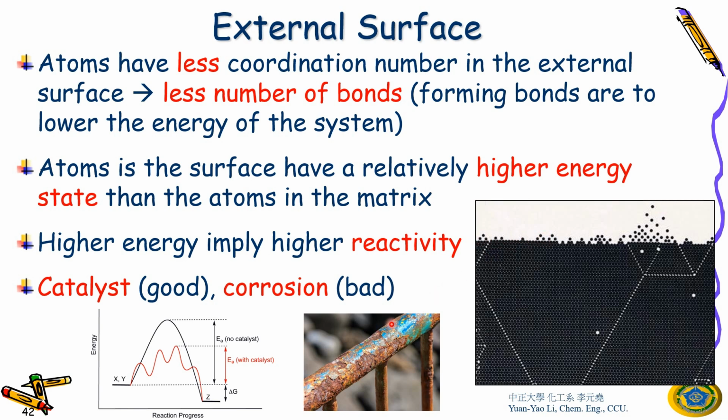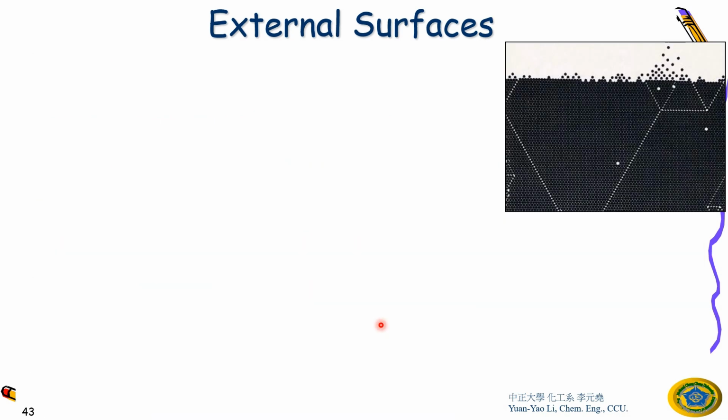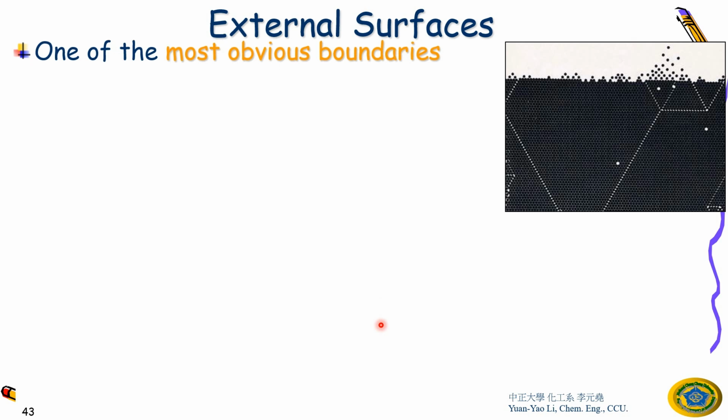But the bad thing is corrosion, right? The surface oxidizes very easily, and iron becomes iron oxide. This is called corrosion, which is not good. So you have a bad side and a good side, depending on the application. External surface is one of the most obvious boundaries.